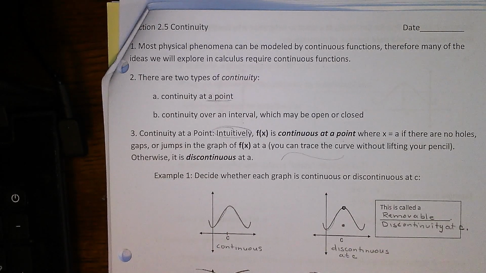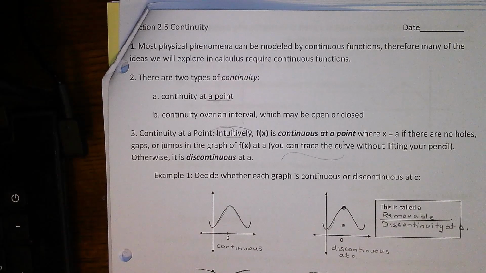So f of x is continuous at x equals a if and only if, number one, f of a has to exist. Okay, so a has to be in the domain. So you have to show that if this were 2, when you put f of 2 in, you get a number. So f of a has to exist.